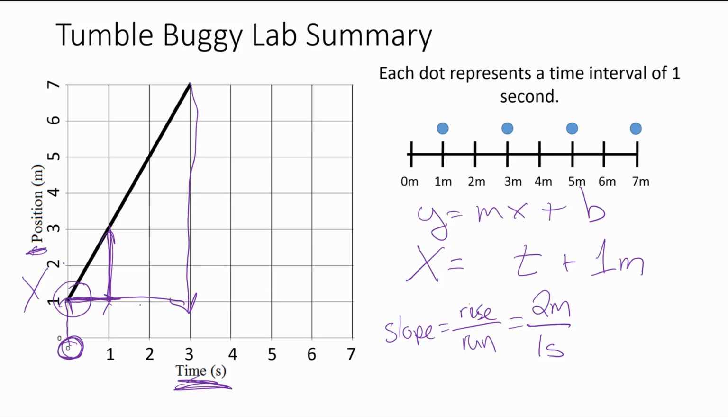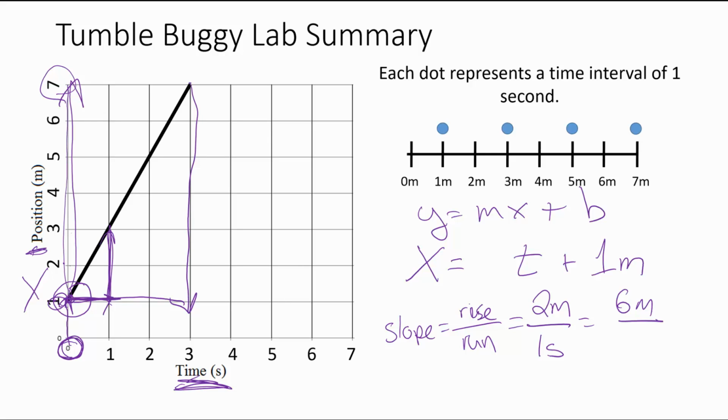So here we see from this point going all the way up to 7, from 1 meter to 7 meters, that would be 6 meters. Make sure that you look where you're starting, look where you're ending. Don't just count boxes on these, because sometimes I'll space them out so they're every 2 meters or every 10 meters, whatever works.